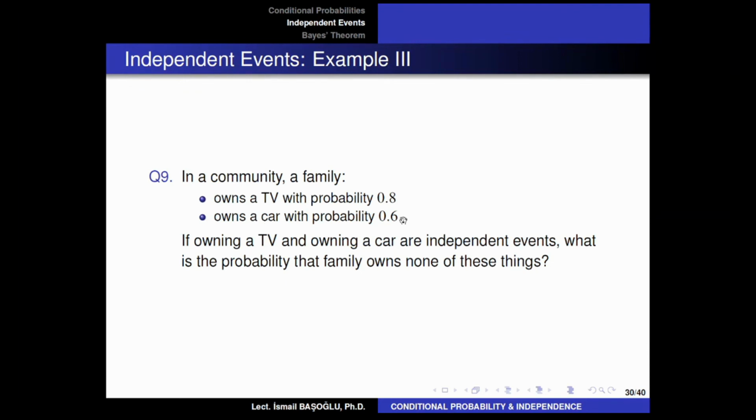If you choose a random family again, they own a car with probability 0.6. Now, it says if owning a TV and owning a car are independent events, assume that owning a TV and owning a car are independent events. Then what is the probability that family owns none of these things? So what is the probability that a random family owns none of these things?